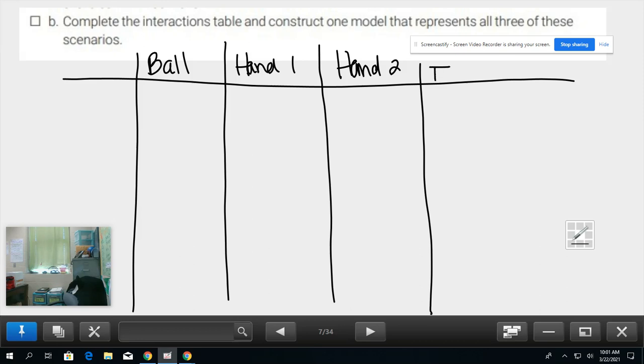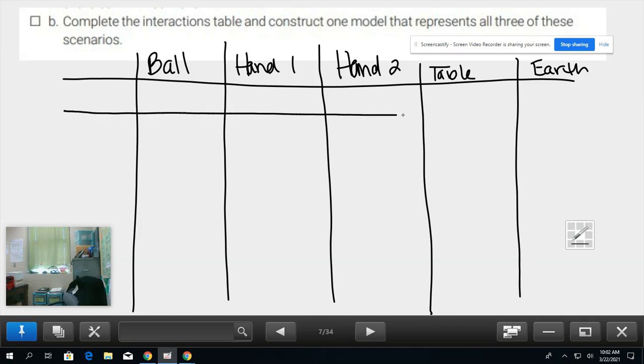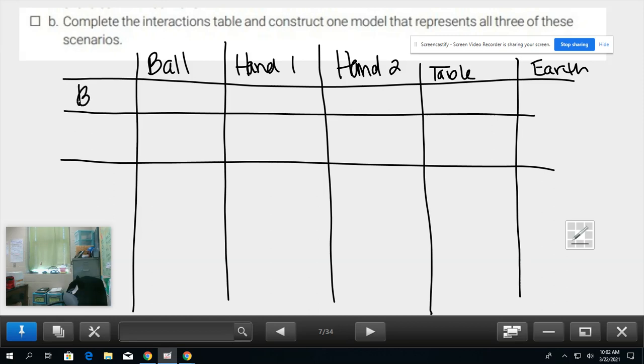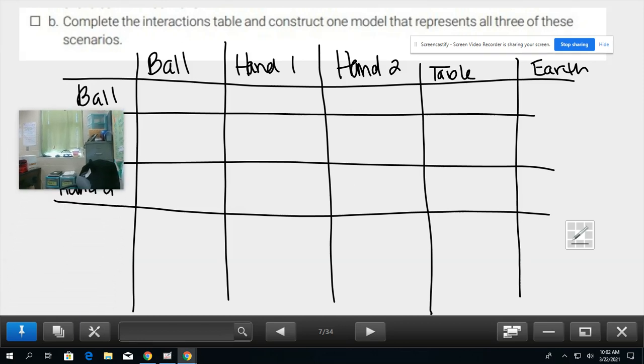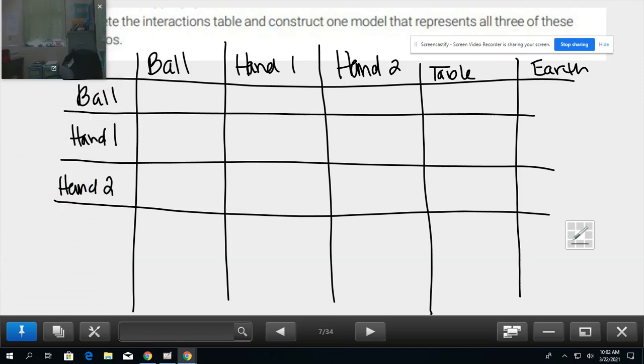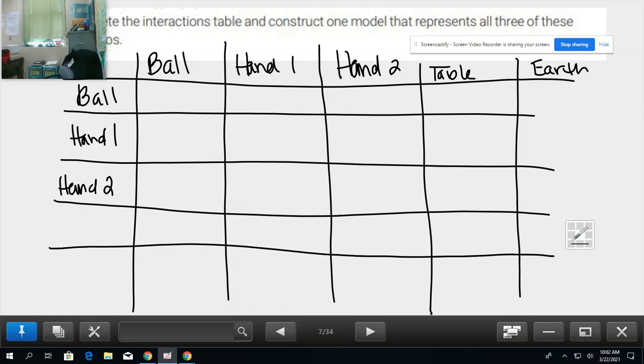There's a table, and this system is interacting on Earth. So these are my components. I need to make sure that I list them in the same order. So we have ball, hand 1, hand 2, table, and Earth.